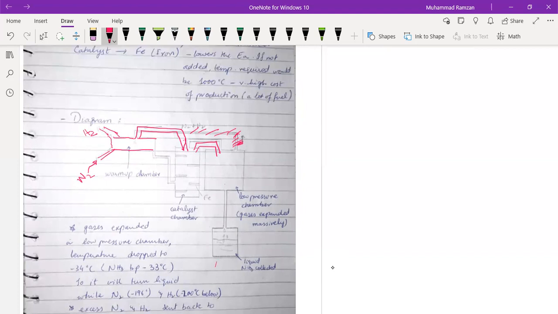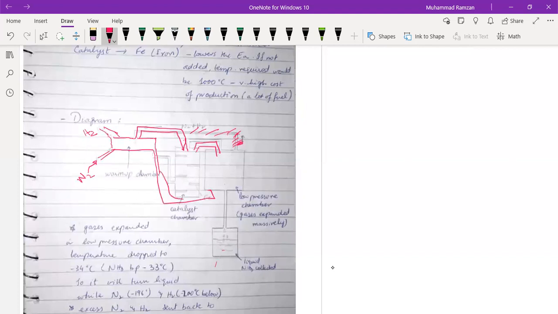Liquid ammonia is separated, and the unreacted gas is basically in this container, which is linked with this.